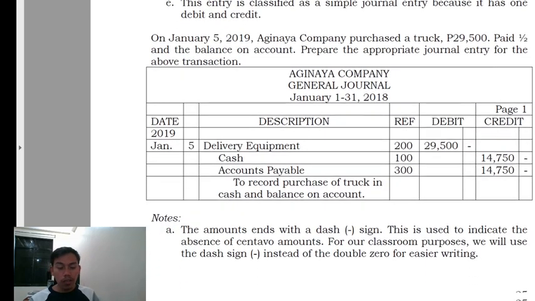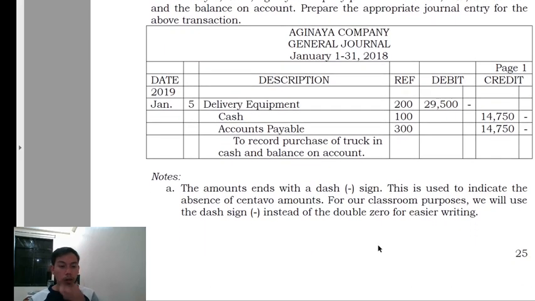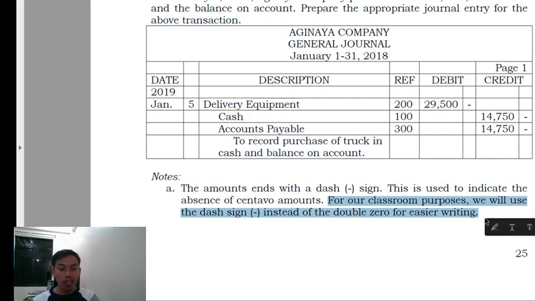So, in this case, note, the amounts end with a dash sign. Ito, dash. And for us, it indicates na walang centavo. Walang 0.25 or walang 50 centavos. And for our classroom purposes, we will use the dash sign instead of the double zero for easier writing.